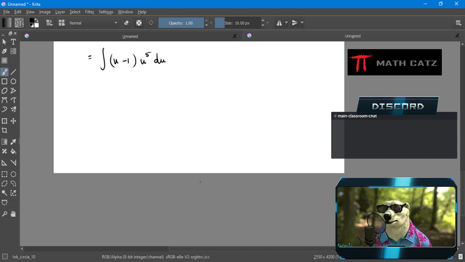If I've practiced enough, I would hopefully recognize that this requires that I multiply the u to the 5 into the bracket to get u to the 6 minus u to the 5.